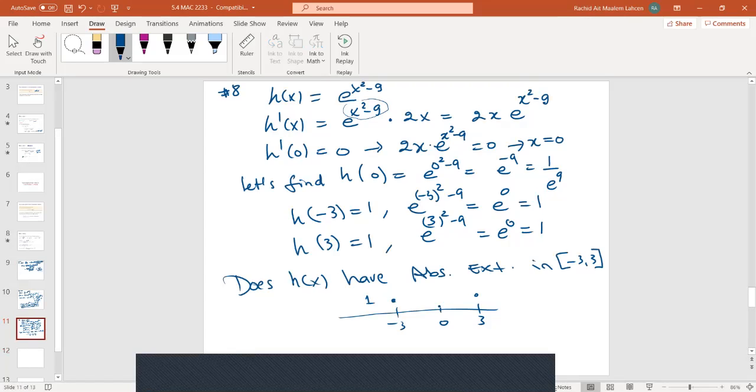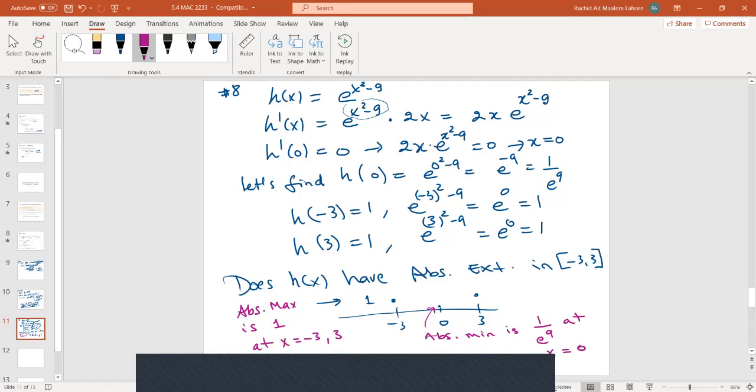So the absolute maximum is 1, which happens at x equals negative 3 and 3. The absolute minimum is 1 over e to the 9, which happens at x equals 0.